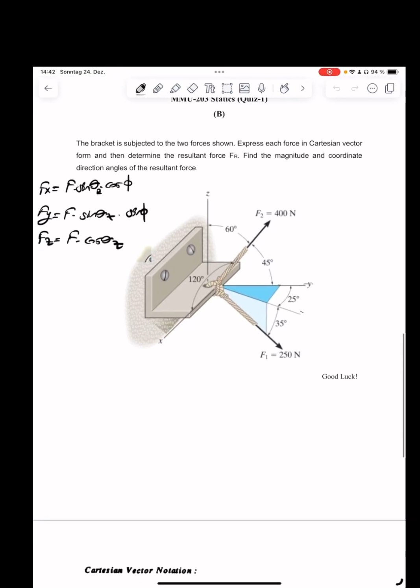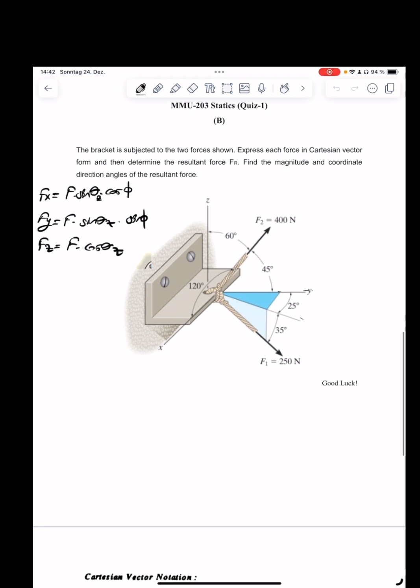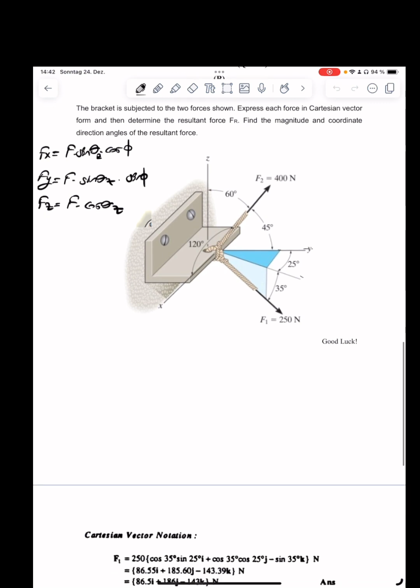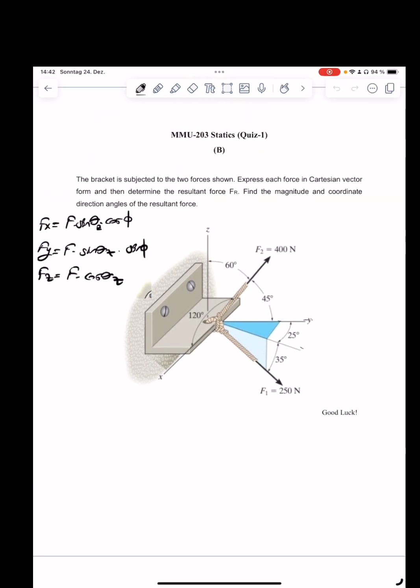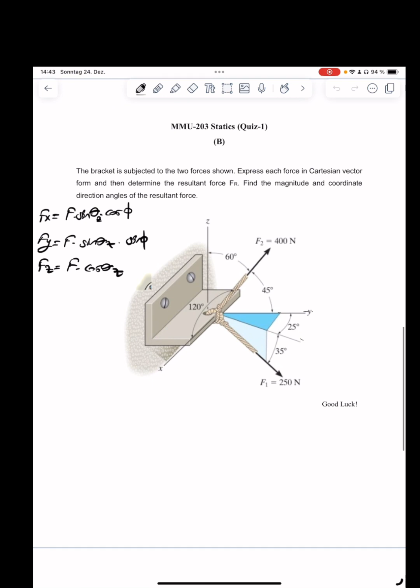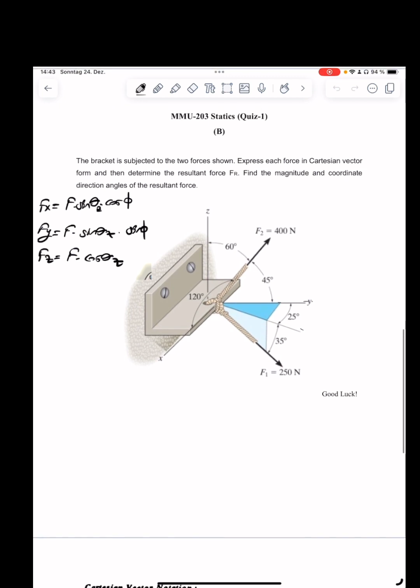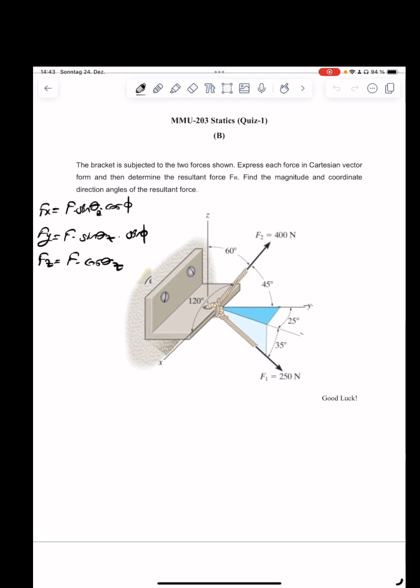Hello guys, today I'm going to talk about 3D vectors from Statics 1. I will show you the method of separating the components for the x, y, and z axes, which I can remind you of from high school.